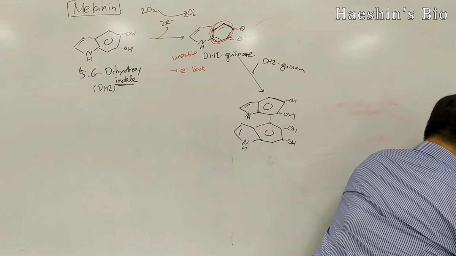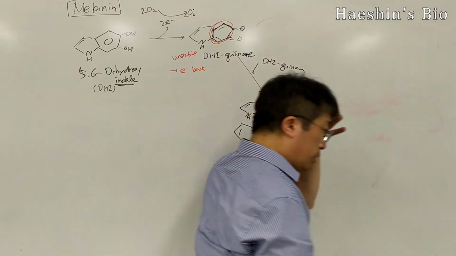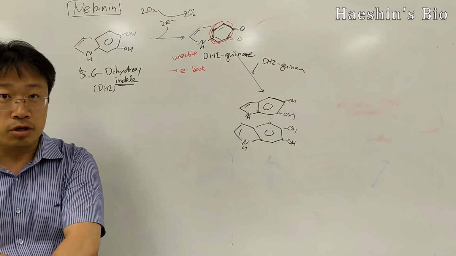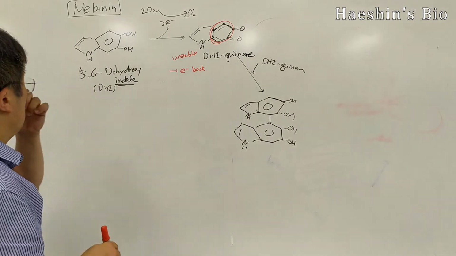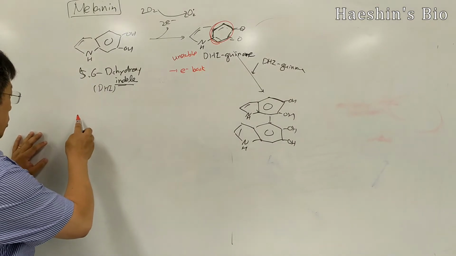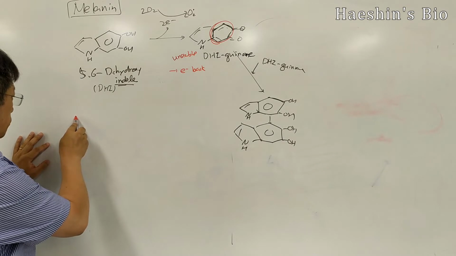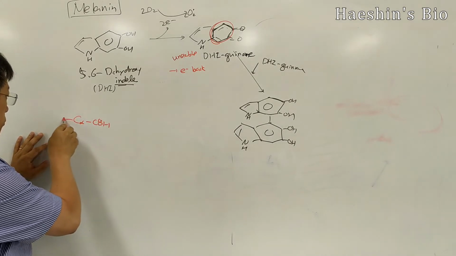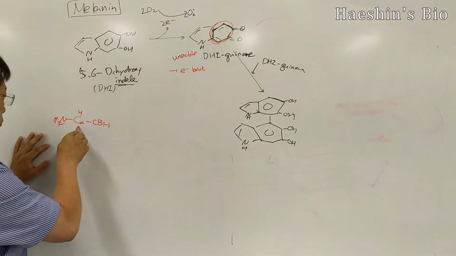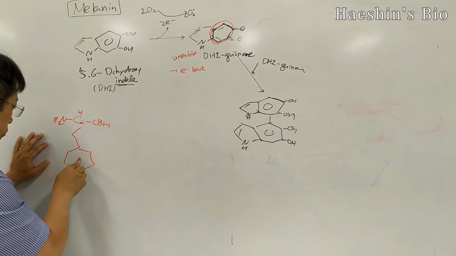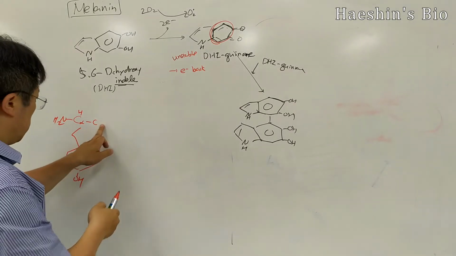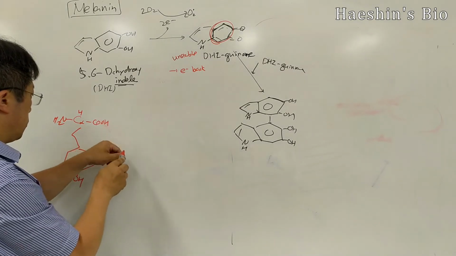So now the topic is not here. Why? Melanin, basically, we know that the color is brownish, dark brownish, right? So let me begin with this.